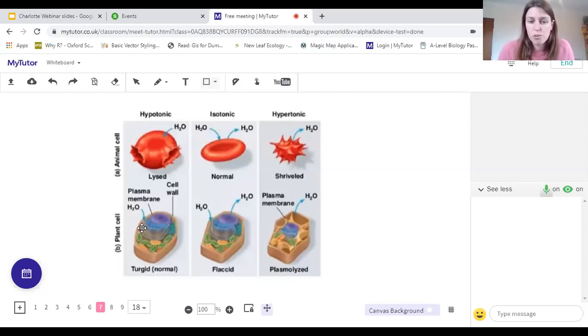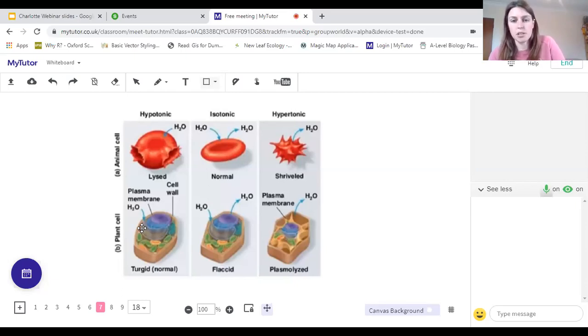You still have movement both ways, but it's roughly the same. And in that case, a plant cell is what we call flaccid. So it's not as plump as when it's turgid, heading towards shriveled. But this isn't a normal state. It's normal for a plant cell to be turgid.